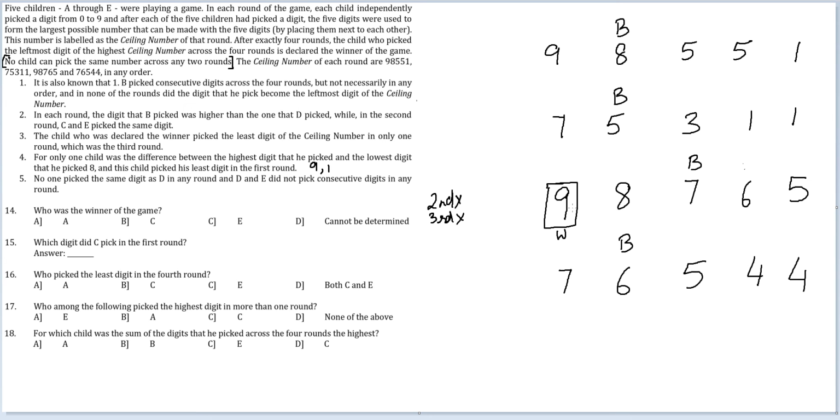And the person who has a difference of 8 between the highest digit he picked and the lowest digit he picked is also picking 9 and 1 somewhere. So it could be 9 or 1 from here, 9 or 1 from here. So it could be any of these cases. We'll see. But we can say this with confidence. This child picked the least digit in the first round.